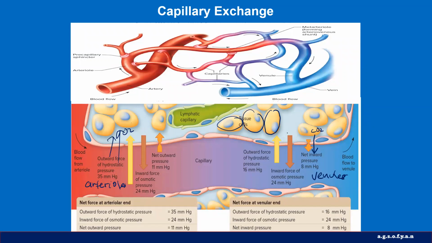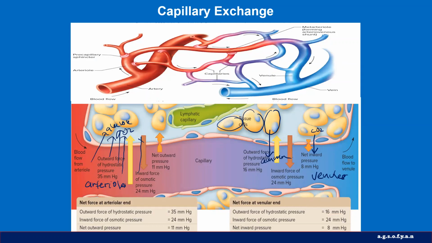The same thing with nutrients like glucose: they will go from the arteriole side to the cell, and then the cell will produce waste products like ammonia, and it will go to the vein or venule side. And water also will go from the arterial side, because plasma is mostly water.